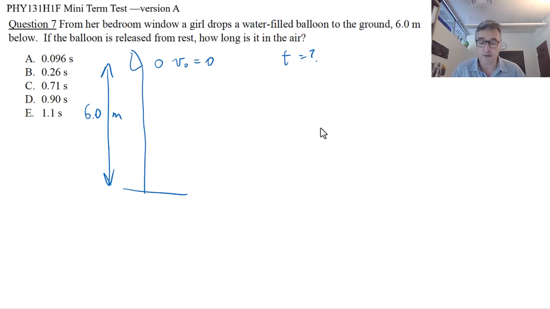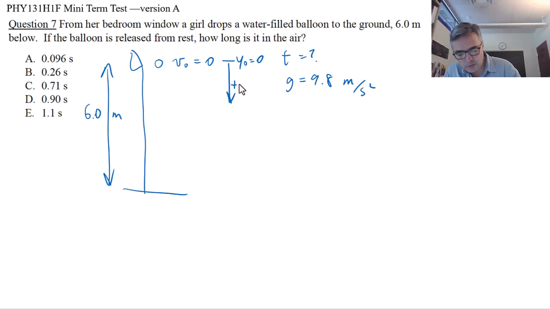So this is free fall. I'm going to assume there's no air resistance, so I'm going to say g is equal to 9.8 meters per second squared. That's the acceleration. So what I need to do here is define my y-axis. I'm going to say that y0 equals 0, and I'm going to put the plus y direction downward, so that a sub y is equal to plus 9.8 meters per second squared.